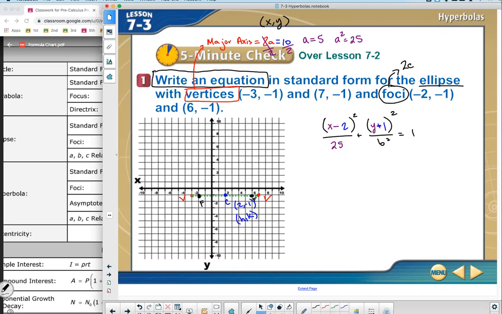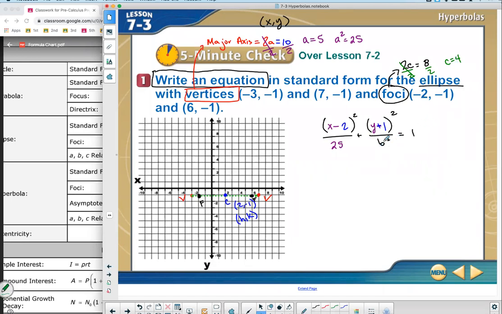There's my other foci. So this length is 2c. If I count them, this is 2 to the left. This is 6 to the right. What is 2 plus 6? So 2c equals 8. What does 1c equal? C equals 4.